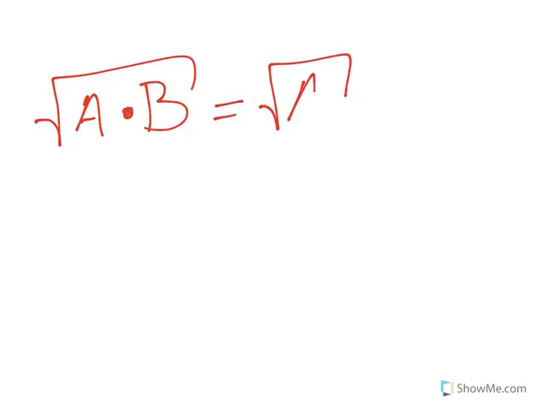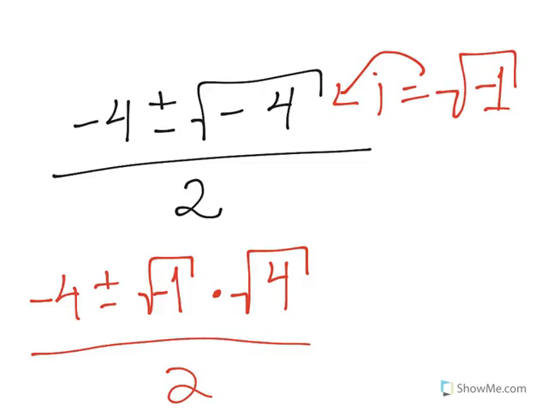Because as you might know, if you have the square root of a times b, that's the same thing as saying the square root of a times the square root of b, like so. So that's the property we used here. And now by doing that, we can substitute this with the i that we had right here.